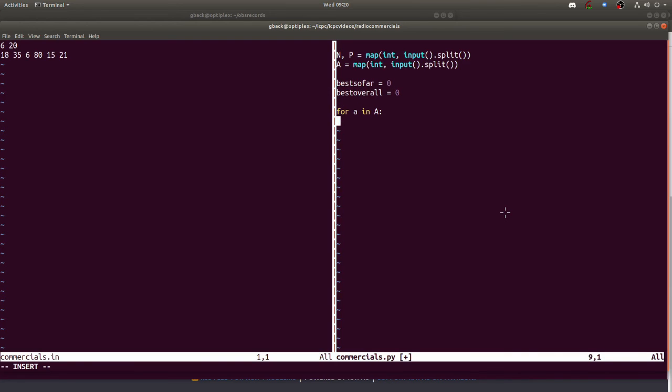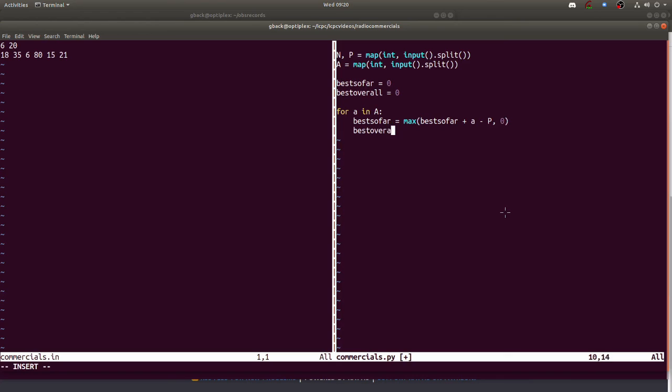I'm going to say the best so far is the larger of the best so far plus adding this new element in here. This new element is a, but we have to subtract this cost p. And then otherwise it is 0, because there's no point in considering negative prefixes.